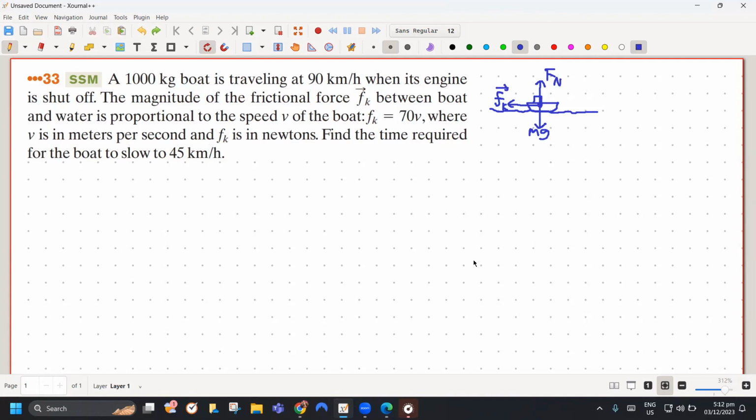Cut off po yung engine. So, it's not moving forward. Mhm. Tapos, tingnan mo yung what's different about this problem? May speed tsaka friction. So yung friction hindi na mu and f. It's some constant times the velocity.